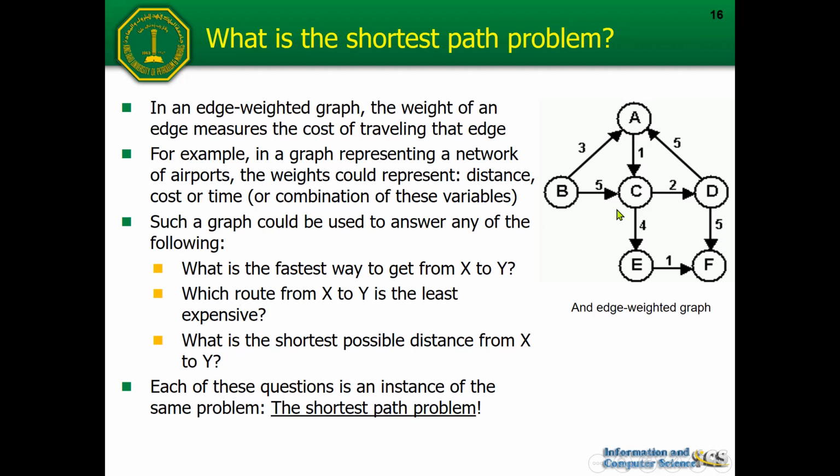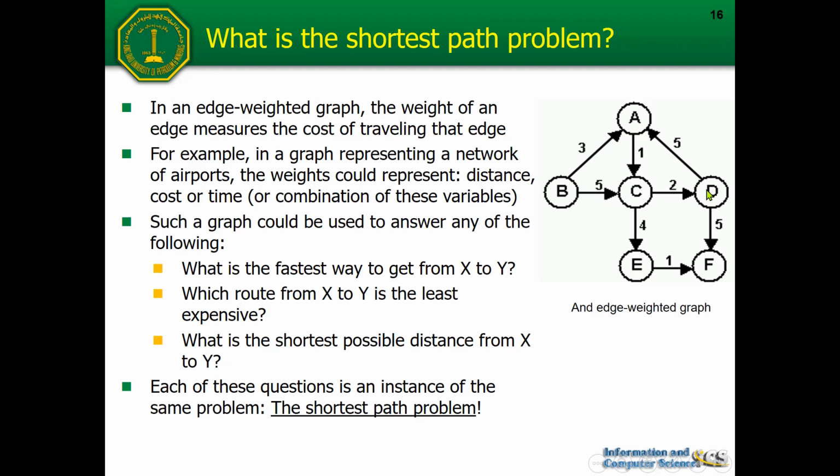BACD. If you count the total weight or total cost, you will see that the path BCD will be 7. The path BACD will be 3 plus 1, 4 plus 2, that will be 6. So basically if you want to minimize the resource that we allocate in order to travel from B to D, we need to choose the BACD path.